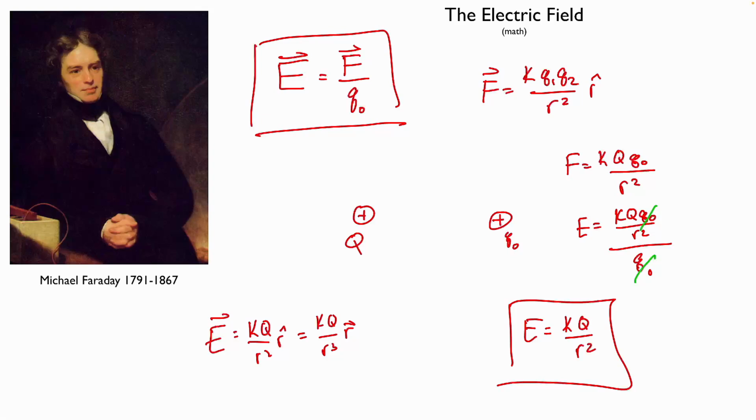On the thing that causes it. What are we looking for? We're looking for electric field right here, right? Well, what's causing the electric field right here? This thing. And then I just draw my r vector to the point where I want to see it.